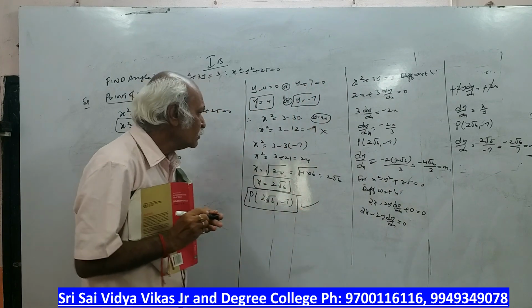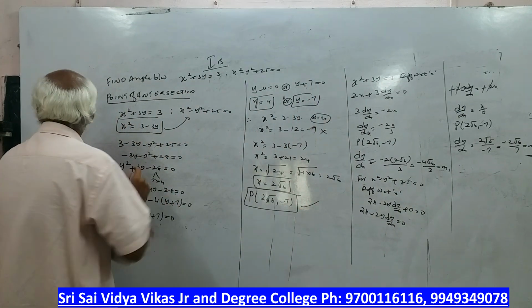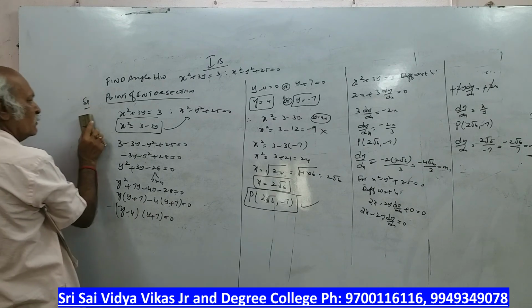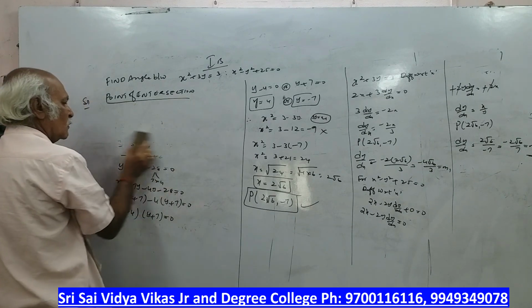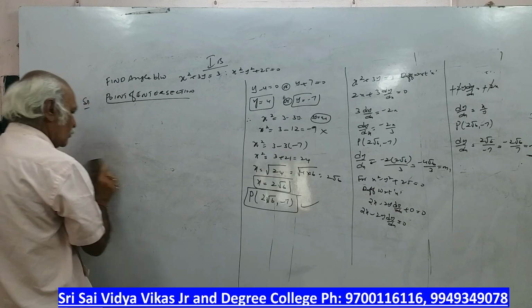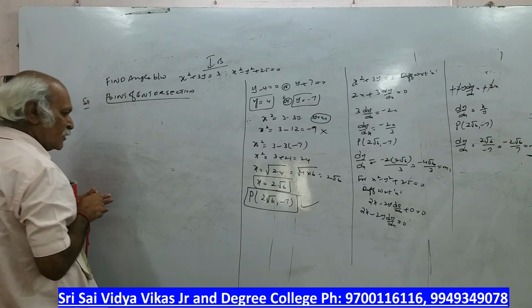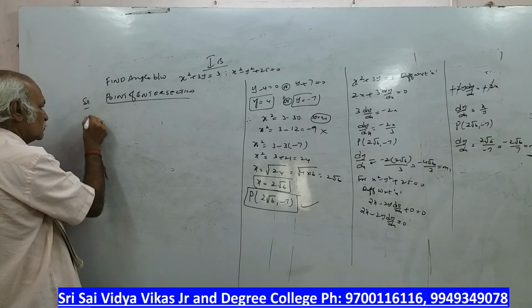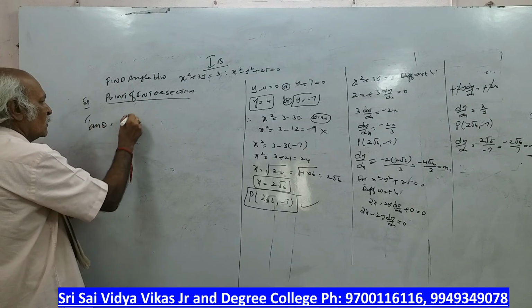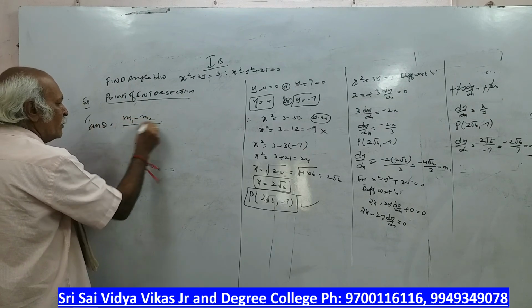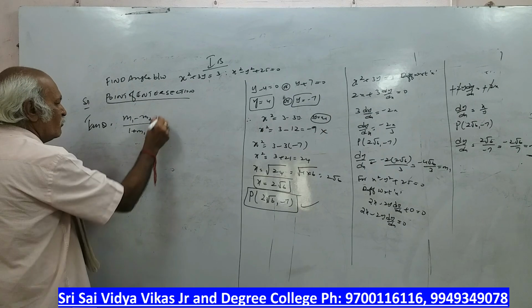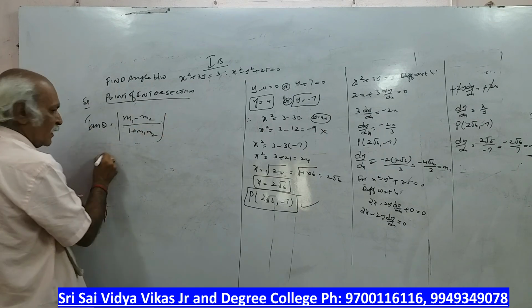So what we have to do? The point of intersection we got. Substitute the values now. Therefore, what is the tan theta formula? m1 minus m2 by 1 plus m1 m2. What is m1 we got?